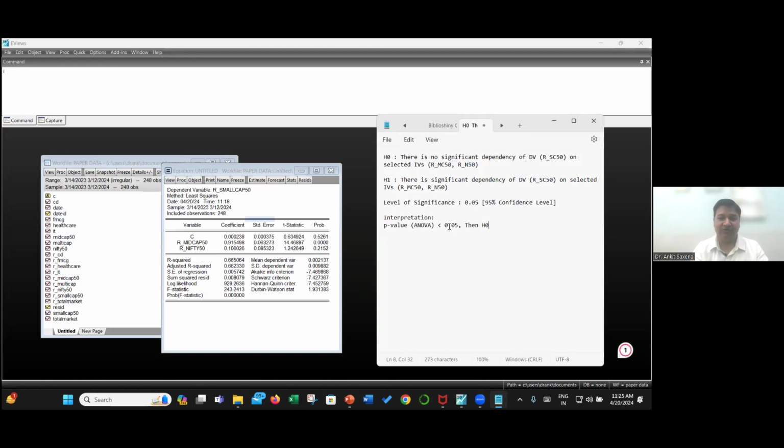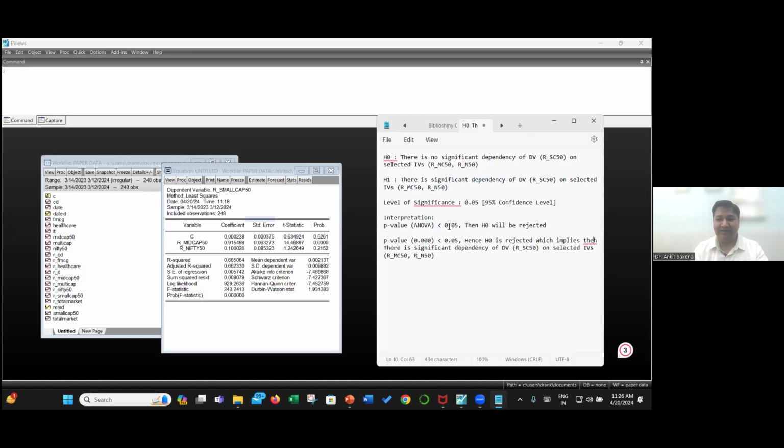In my case, the p-value of this test is coming out to be 0.000, and this is less than 0.05, and hence I'll say H0 is rejected. When H0 is rejected, that means H1 is being accepted, which implies that there is a significant dependency.